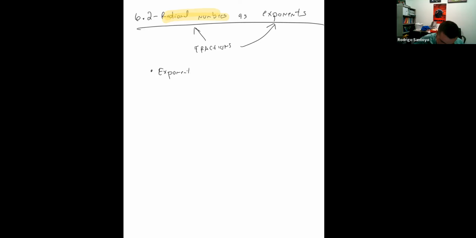Let me rephrase that. Exponential forms where the exponent is a fraction.